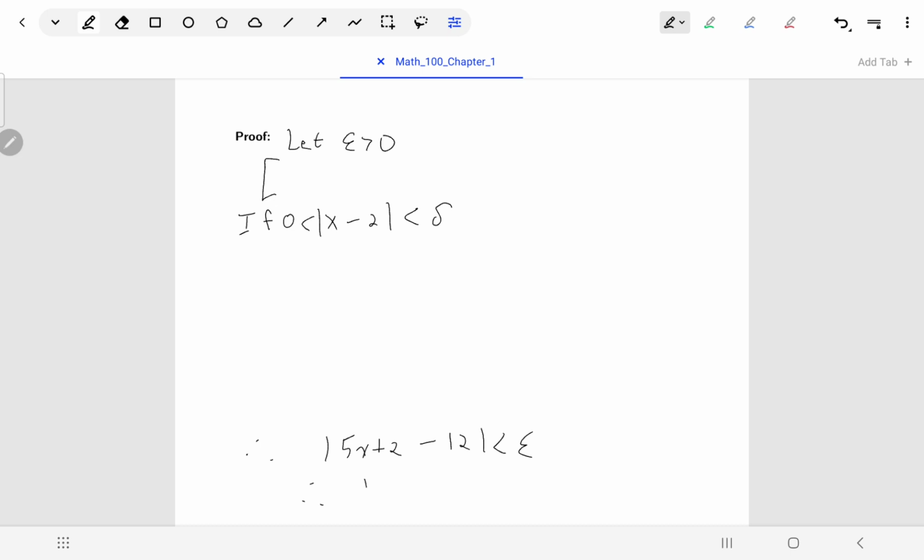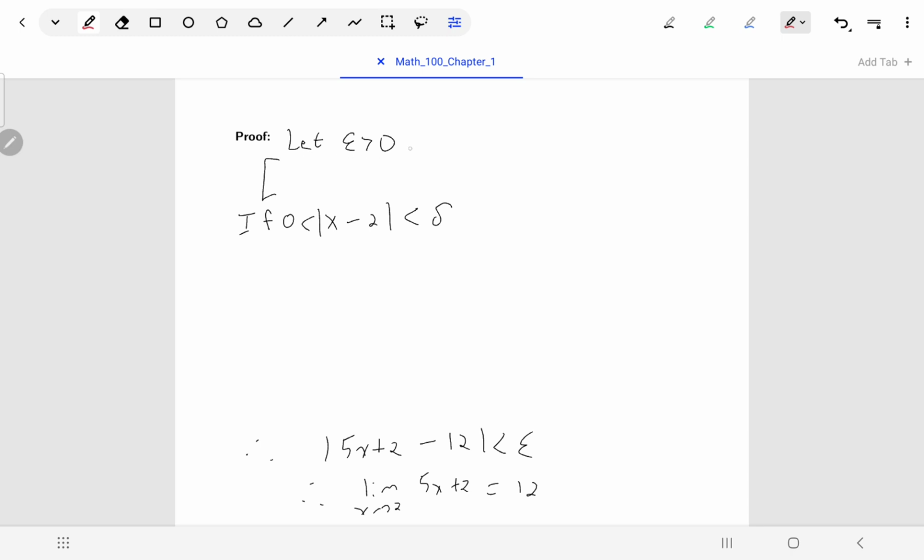And that would allow us to conclude that the limit as x approaches 2 of our function is 12.